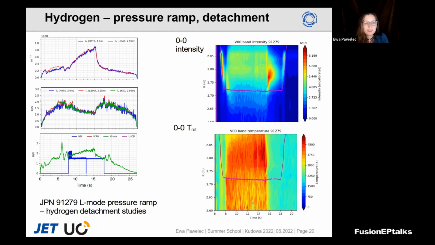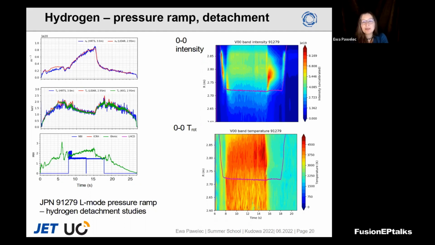And it appears during all of that study that the Fulcher bands are really dependent on the divertor state. So especially on the things that we call the detachment.